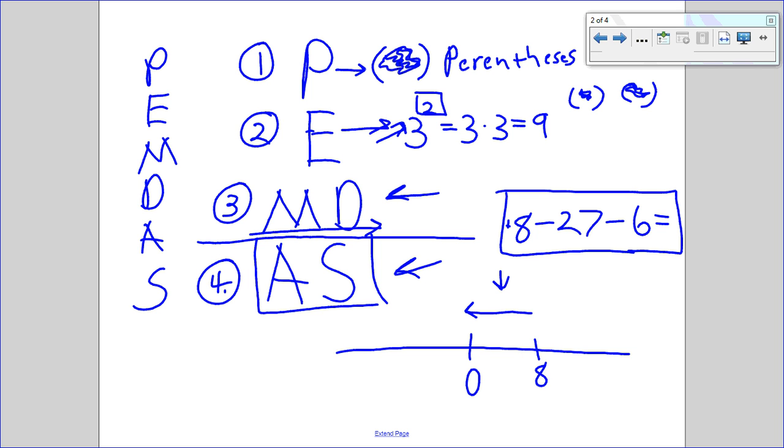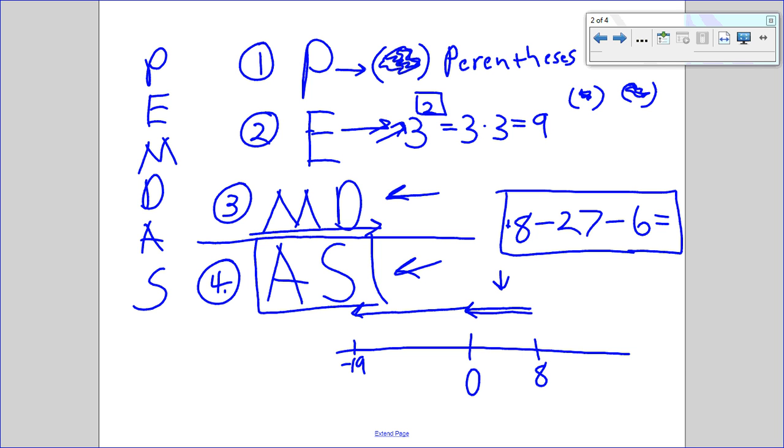Well, to get back to 0, we have to use up 8 of our 27. Okay? So if we use up 8 of our 27 as we travel, okay, we're left with 19, which we still have to go, and we still have to go in this direction. Okay? So we're going to wind up about right here at negative 19.